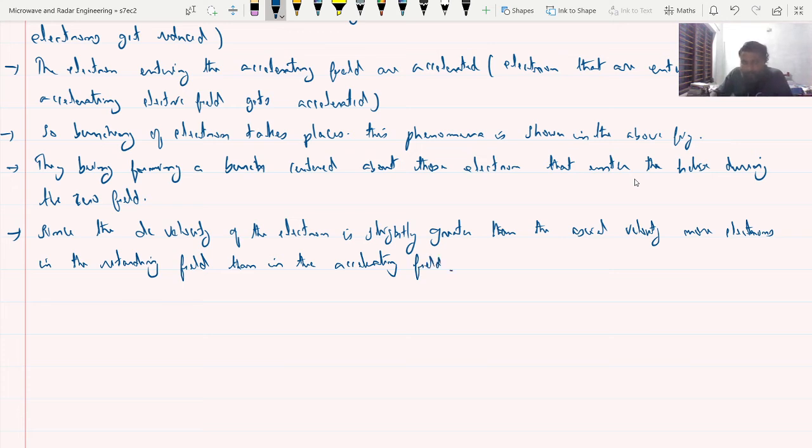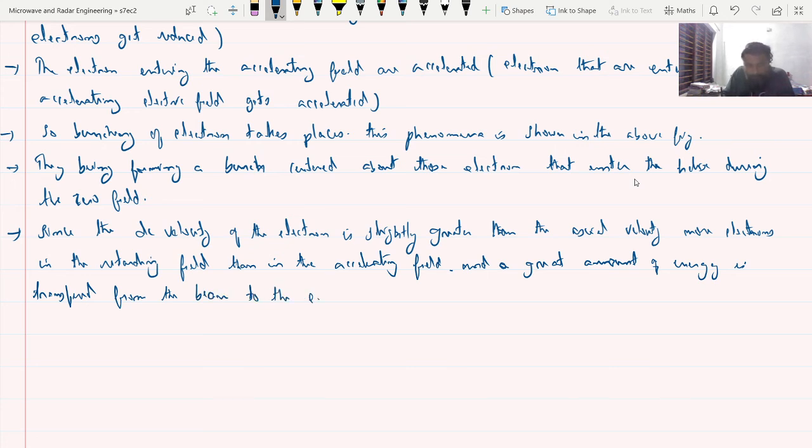And a great amount of energy is transferred from the beam to the electromagnetic field, clear?